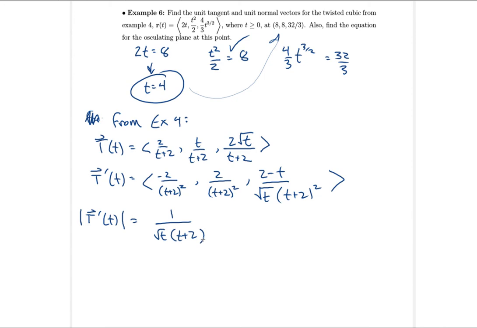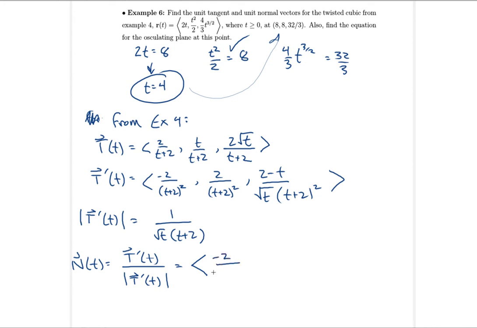So what that means, remember, is that our unit normal vector is going to be T prime of t over the magnitude of T prime. So it's just me taking this vector divided by this. Well, let's write it out.